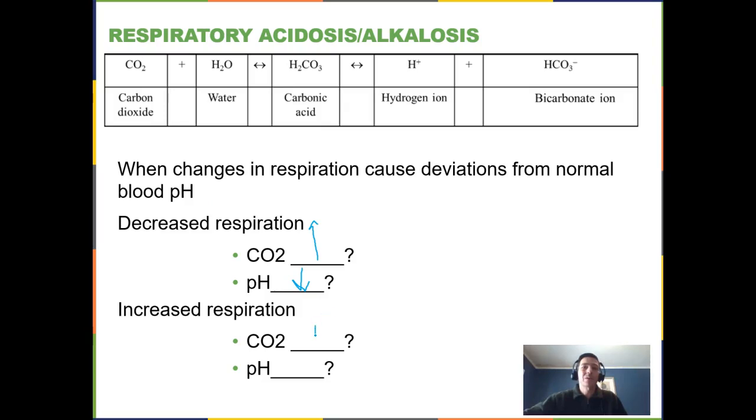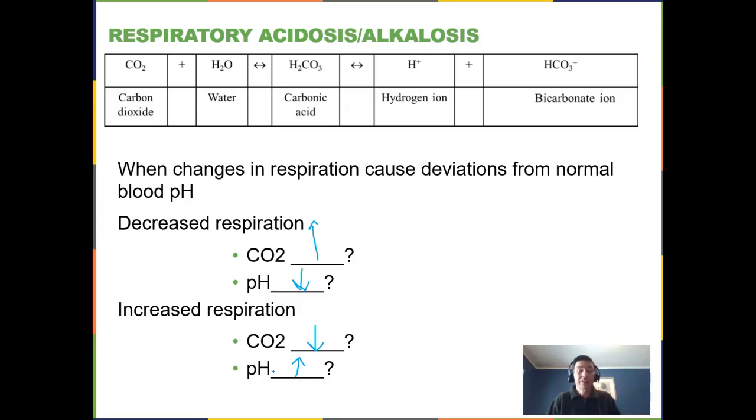So as your CO2 levels go down, your pH is going to go back up because you're reforming the carbonic acid, which is replacing the carbon dioxide, which you're breathing out.